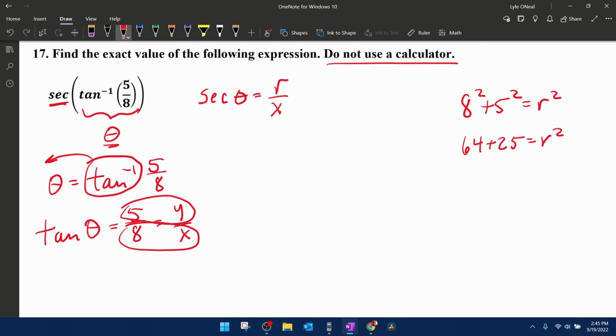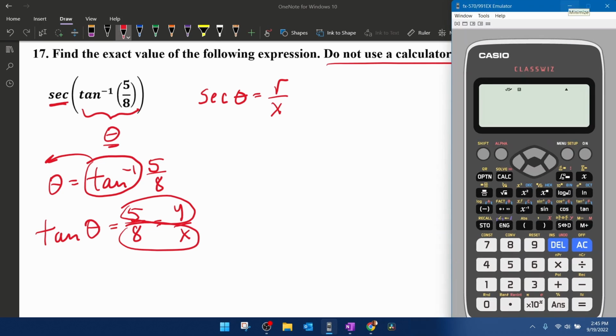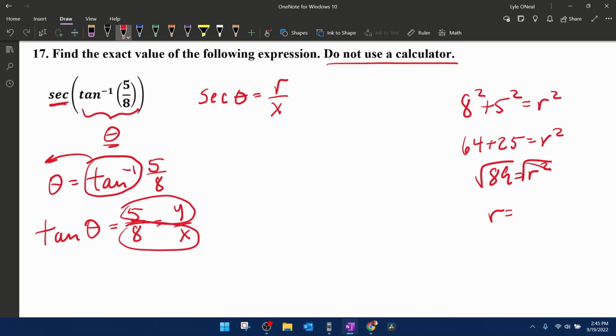And if I add 64 and 25, that is 89. Taking the square root gets my radius, and is that simplest radical form? Square root of 89, yes, it will not simplify. So that's going to be square root of 89, and I'm all but done, okay? So the final answer, secant of theta, is r over x. X was 8.